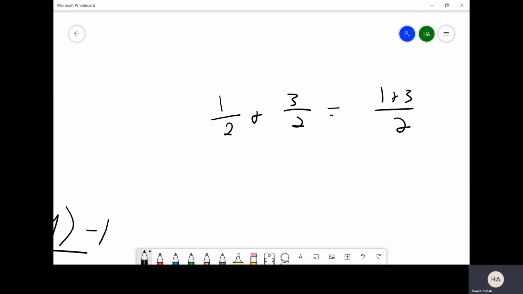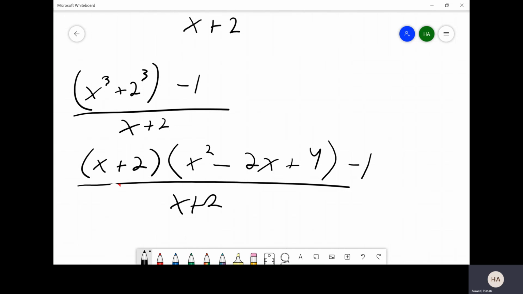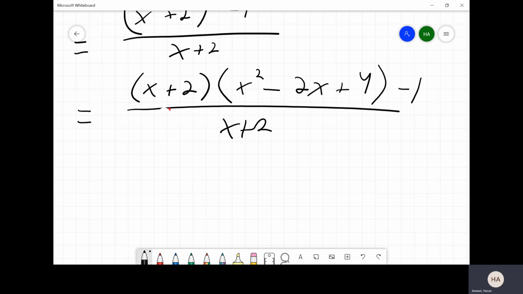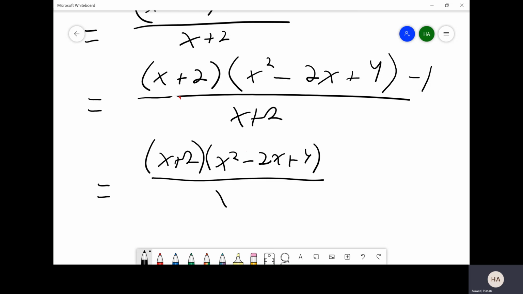So what I'm doing is going in the opposite order. I'm starting with one fraction, and because I have something minus something else, I'm going to split it into two different fractions. So I'm going to have x plus 2 times x squared minus 2x plus 4 over x plus 2, minus 1 over, and now we keep the denominator the same, so 1 over x plus 2.